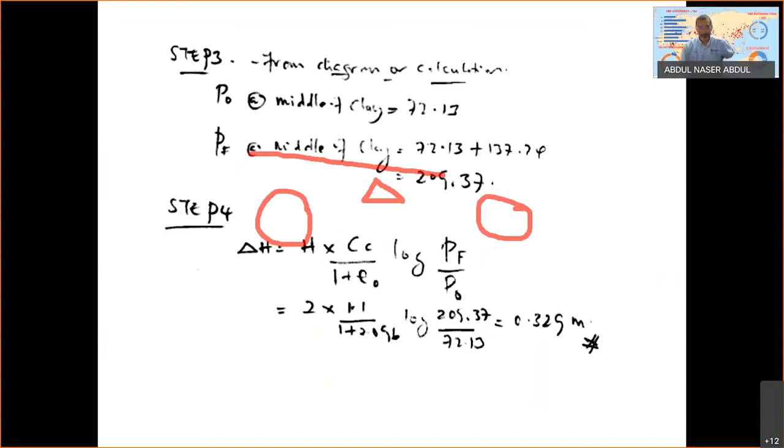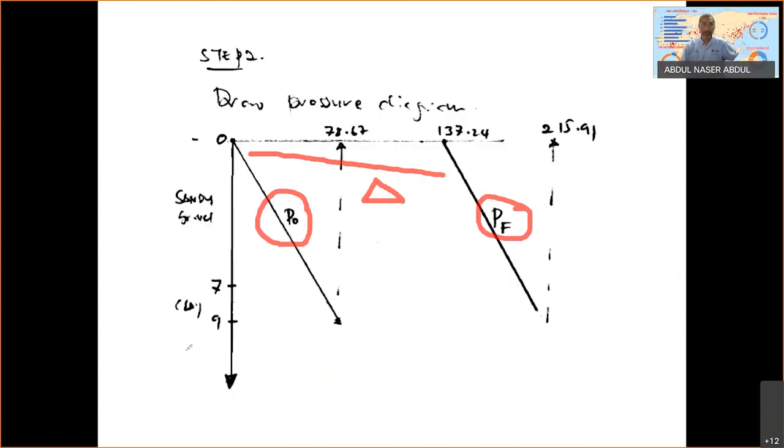Step 3, from the diagram: the P naught at the middle of the clay. So from this diagram, we know where the clay layer is. We know this is sand, this is clay. This is the clay layer.